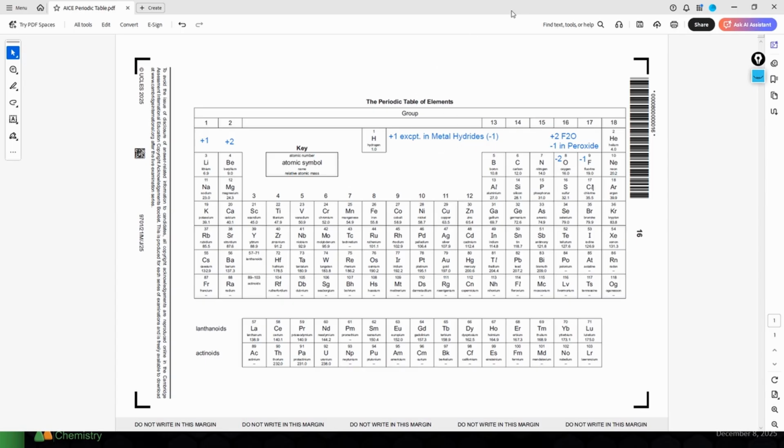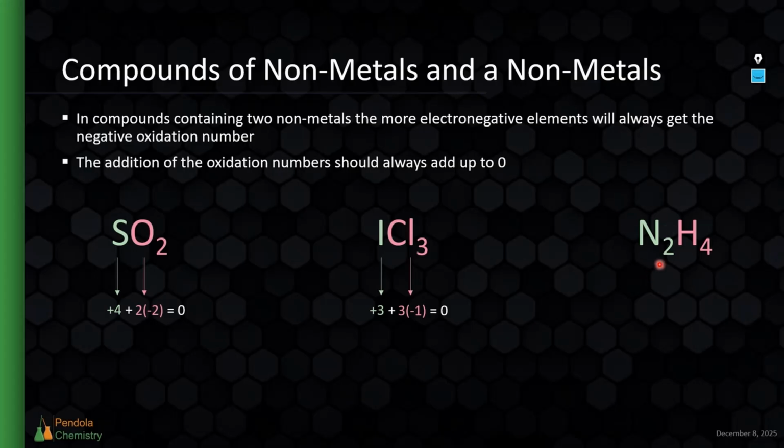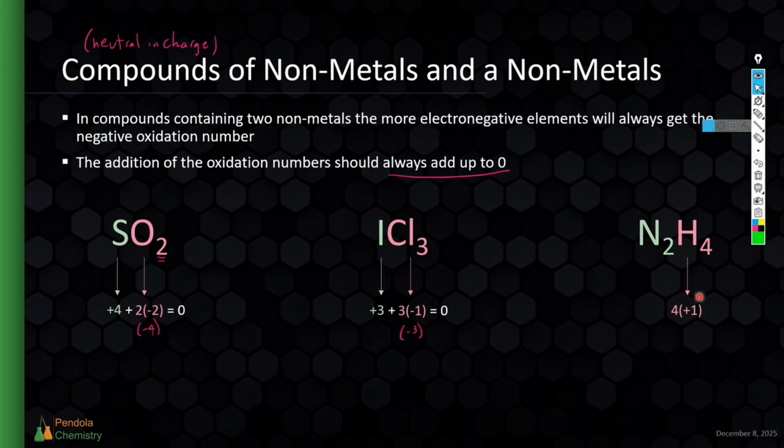So if we look at our compound that we're working, we have nitrogen paired up with hydrogen. Nitrogen is a non-metal, not a metal, meaning that this hydrogen should have an oxidation number of +1. That +1 oxidation number for hydrogen is the key to find the oxidation number of nitrogen. Why? Remember that if we have a neutral compound, the oxidation numbers for both the elements should add up to 0.